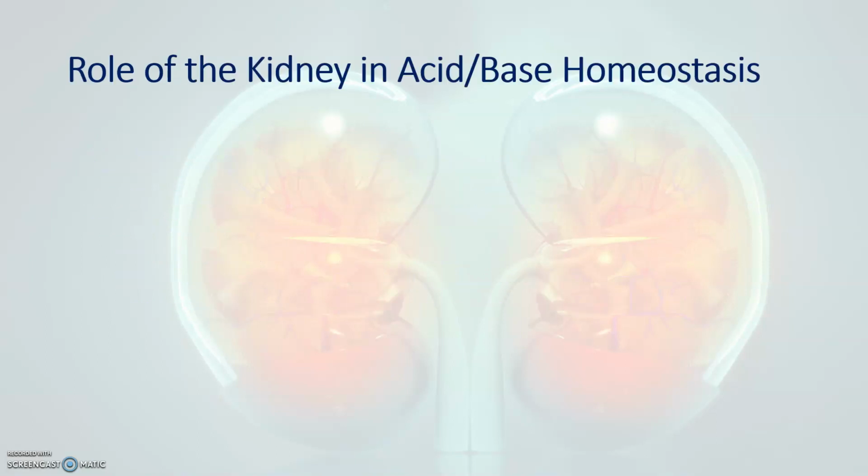When we're thinking about acid-base homeostasis and the kidney, we just need to remind ourselves of the broader picture. The first thing to remember is that hydrogen ions are a normal byproduct of many metabolic activities in the body, particularly those that use energy. Therefore, one of the roles of the body is to get rid of that excess hydrogen ion.